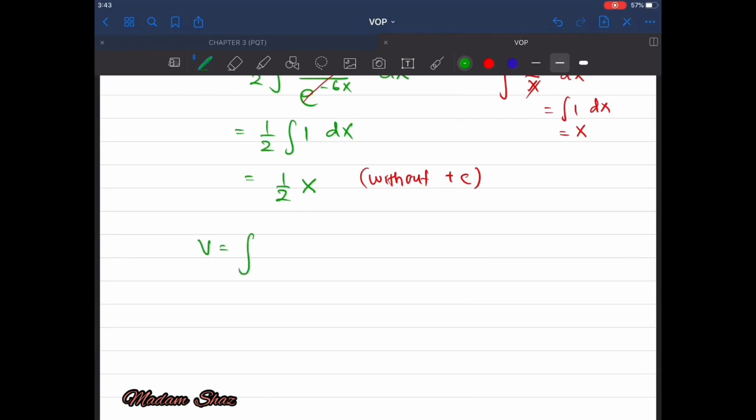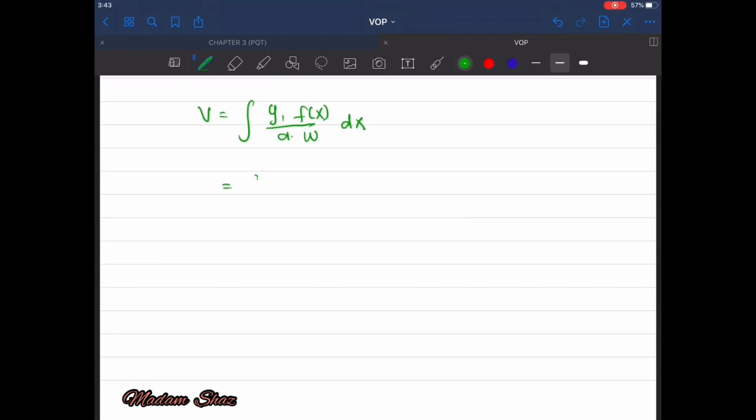Next, calculate the v. v is equal to the integral of y1 fx over a multiplied by w dx. So what is your y1? Integrate exponent negative 2x, substitute your fx, exponent negative 2x, divided by a, which is 1, multiplied by w, negative 2 exponent negative 6x dx.